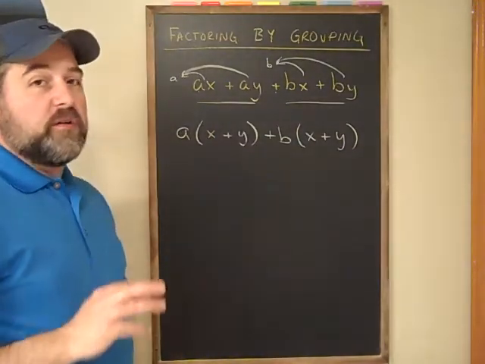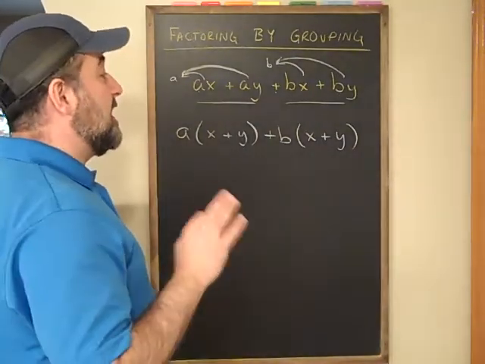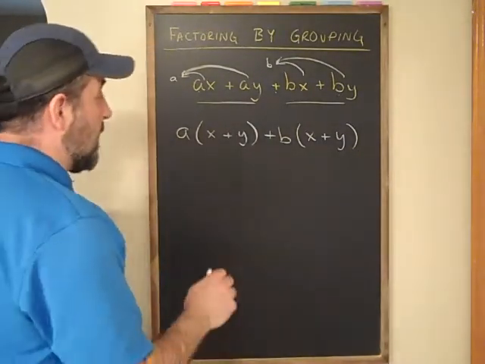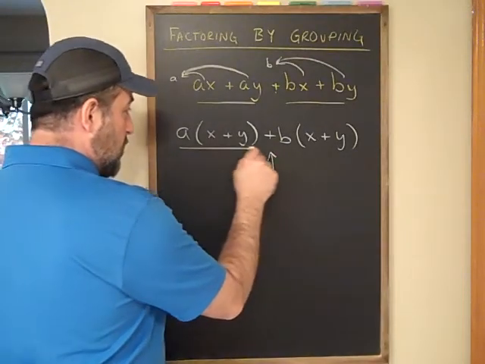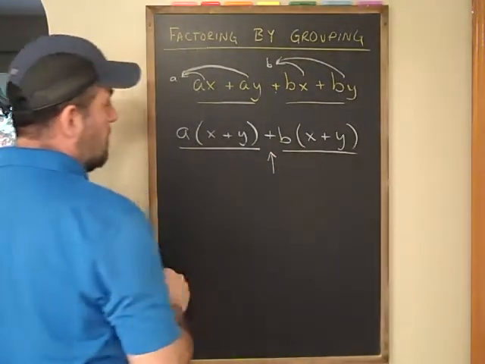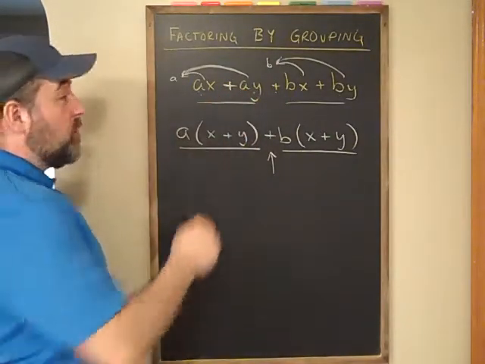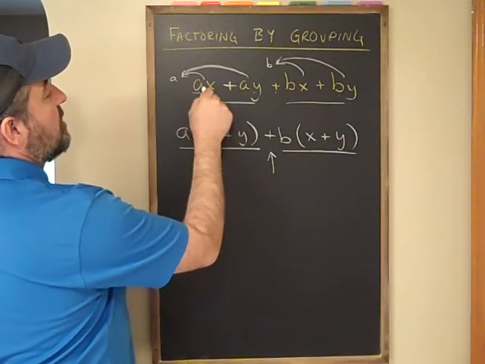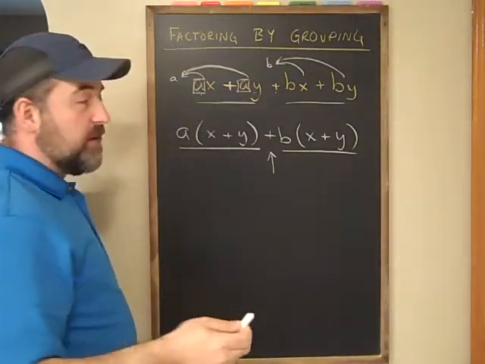Now this is where you have to look at this a little differently, okay? This plus is creating two terms, just like this plus created two terms. Now when we look at these two terms, we could see that there was a factor of a that we could factor out, and we did.